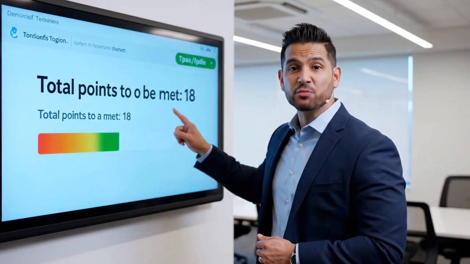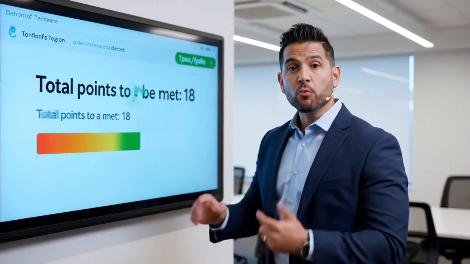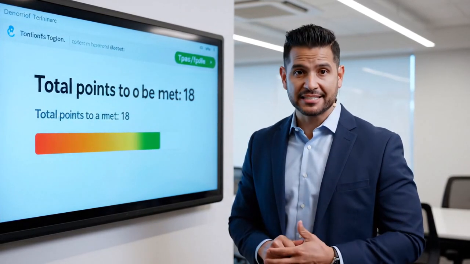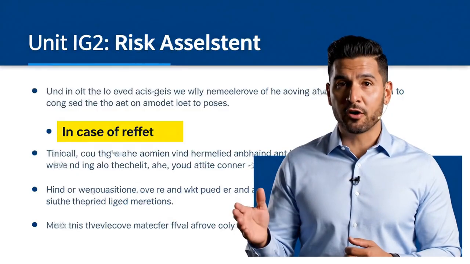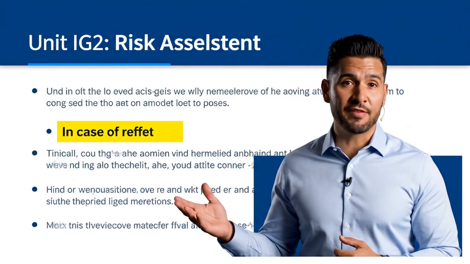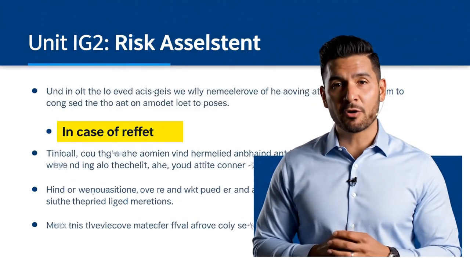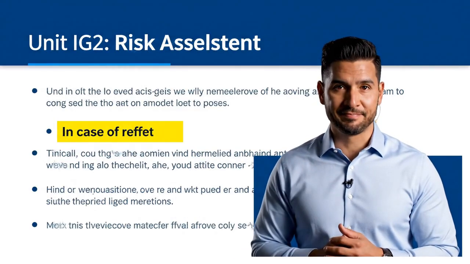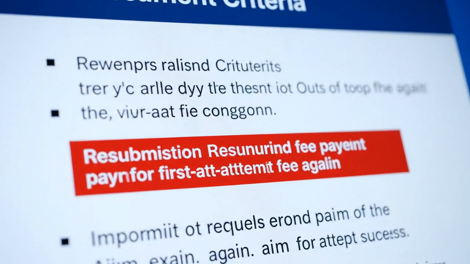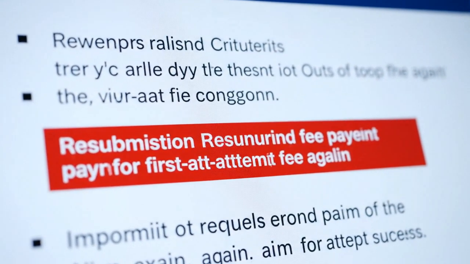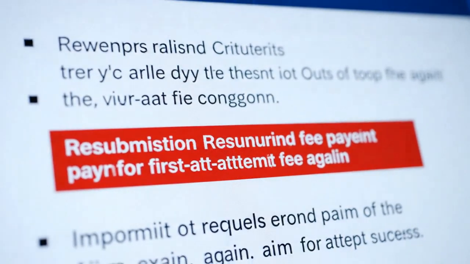There are 18 specific criteria points. You must meet every single one to pass. Missing one means referral. If you are referred, you must review the examiner's feedback, make the necessary corrections, and resubmit. Be aware that resubmission requires paying the exam fee again, so aim to pass the first time.